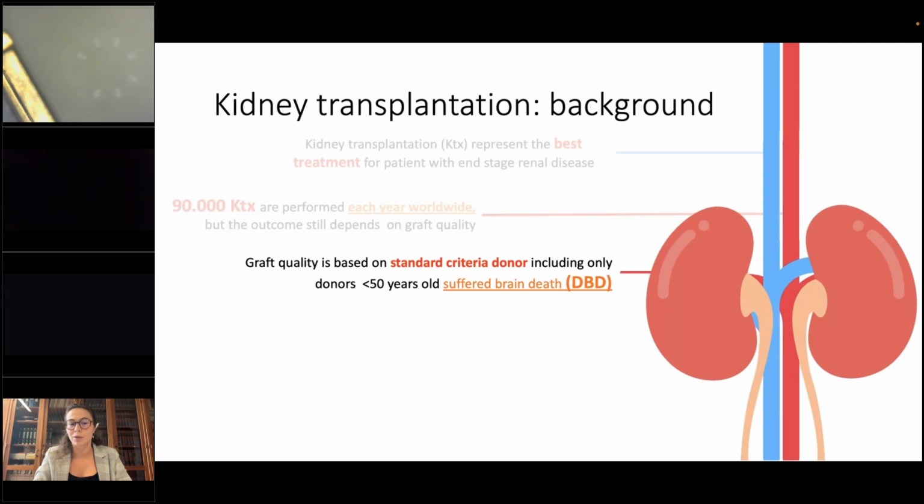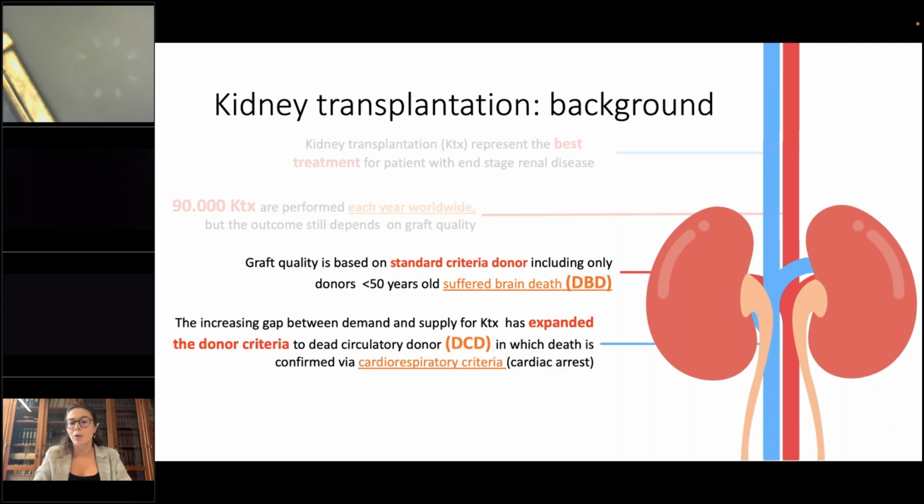Defined guidelines have been listed to define a series of standard criteria donors, which may guarantee the graft quality by including as donors only people younger than 50 years old who suffered from brain death, known as donors after brain death.